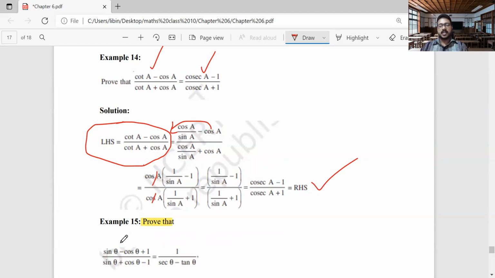Actually the terms are the same, the only difference is in the positive and negative sign, but it makes the whole answer different. So keep that in mind whenever you are writing any trigonometric ratios. Beware of the signs. If you mistakenly put a negative sign, the whole answer will be wrong. Keep that in mind.